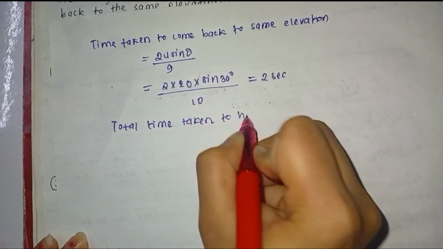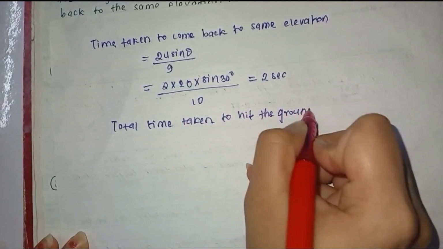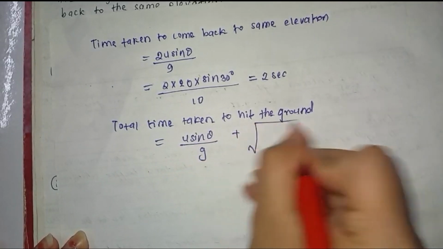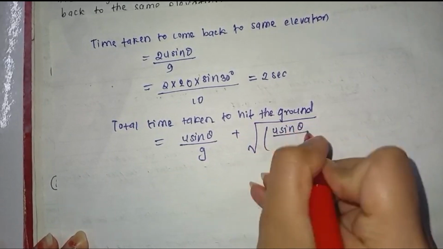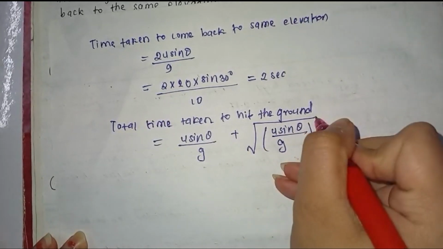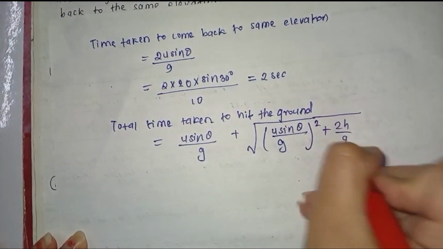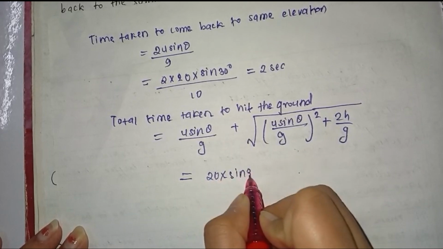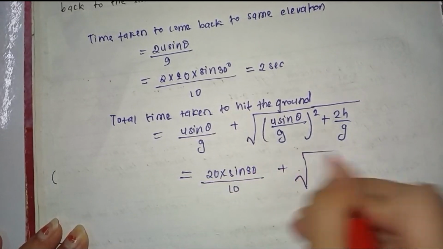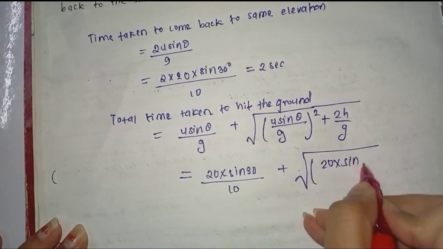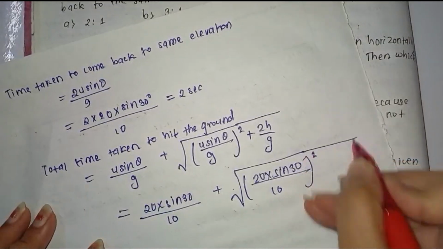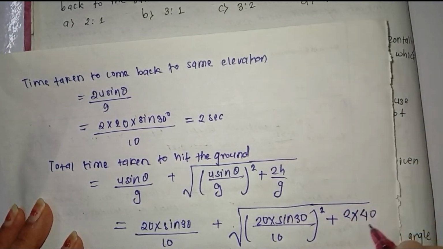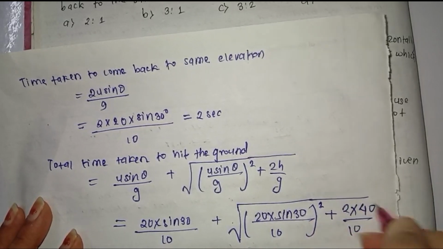Now total time taken to hit the ground is equal to u sine theta upon g plus root under u sine theta upon g whole square plus 2h upon g is equal to 20 into sine 30 upon 10 plus root under 20 into sine 30 upon 10 square plus 2 into 40 upon 10.